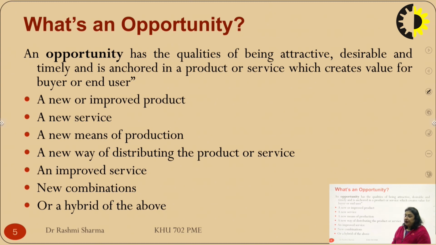So what is an opportunity? The opportunity has the qualities to bring attractive, desirable, timely, and is an anchor to the product or the services. Like the updates which I'm talking about for the software application, that comes under service. In the juice factory example, I have packaged water which I'm selling and now I'm going into the juice business also. Then it comes under product delivery.